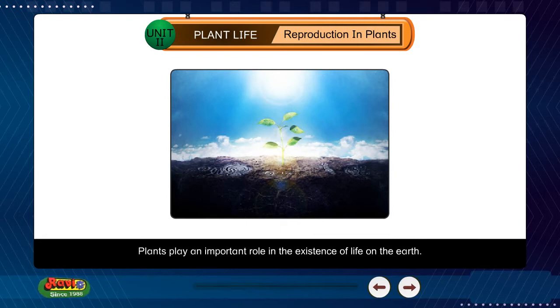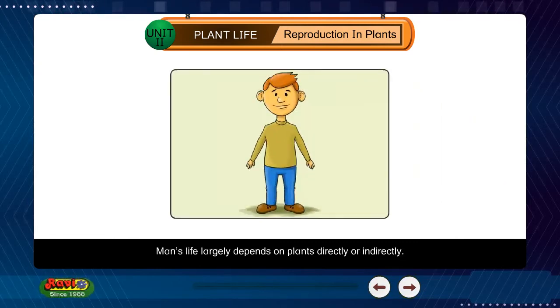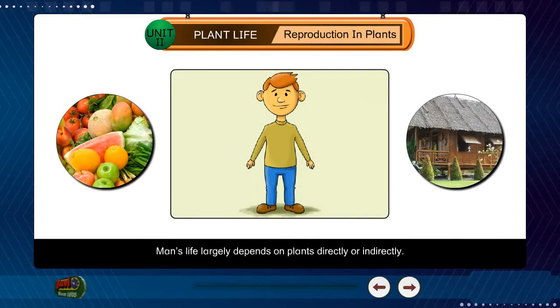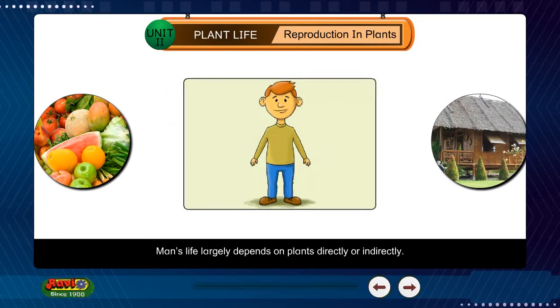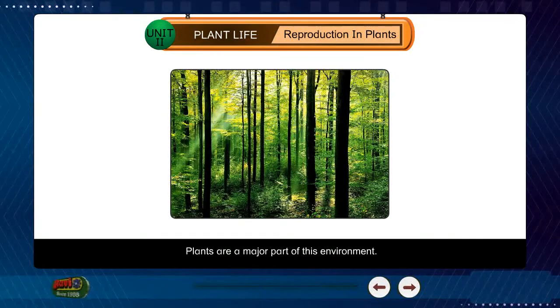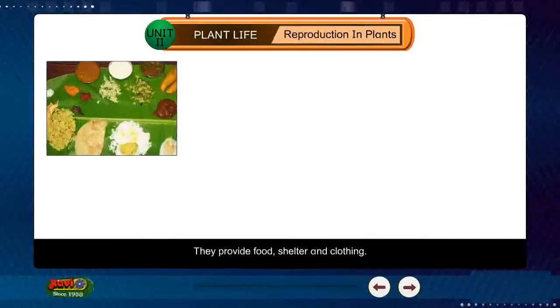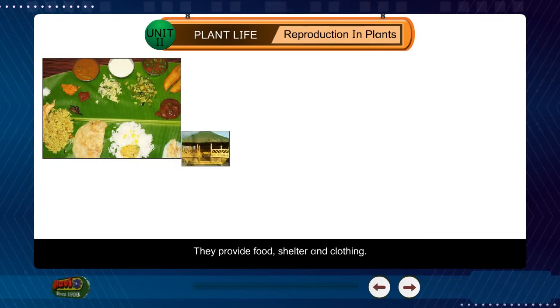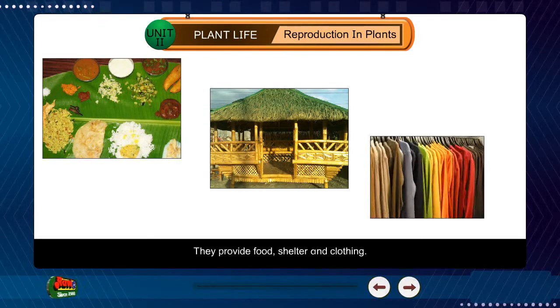Plants play an important role in the existence of life on the earth. Man's life largely depends on plants directly or indirectly. Plants are a major part of this environment. They provide food, shelter, and clothing.